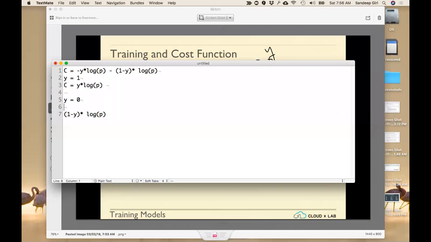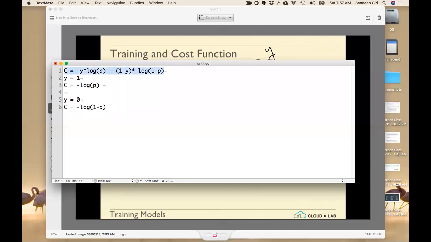So this is how it will look. If y is 0, this will be 1 minus p, and the cost will become the log of that. Does it make sense to you now?